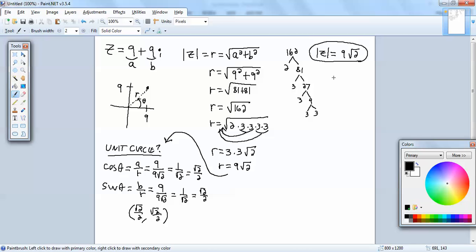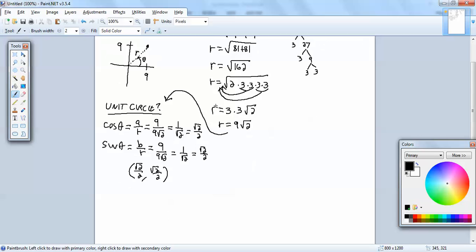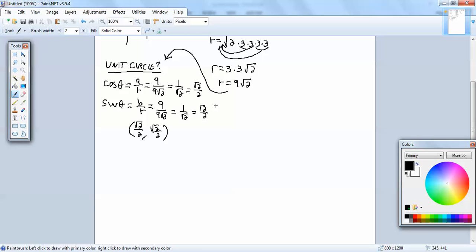Now we're looking on our unit circle. So going around the unit circle, and we're looking for the point square root of 2 over 2 and square root of 2 over 2. This point right here is pi over 4, or if you want it in degrees, it'd be 45 degrees.